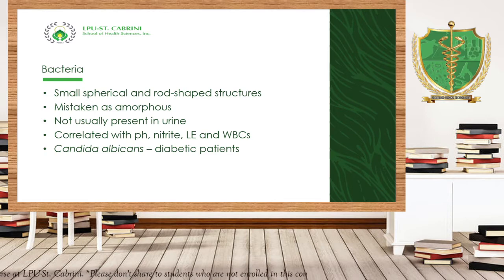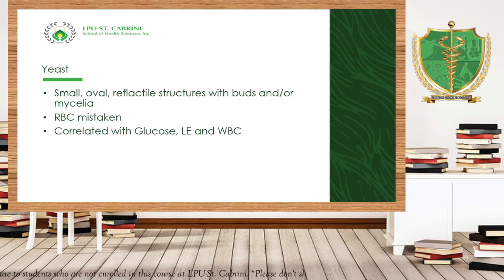Okay, so Candida albicans, present po. That is a yeast, no? Candida albicans is a yeast, no? Which is present in a patient with diabetes. Okay, yeast, that is a small oval reflective structure with buds or budding and mycelia, yung pong mga filamentous structures ng ating yeast, no?